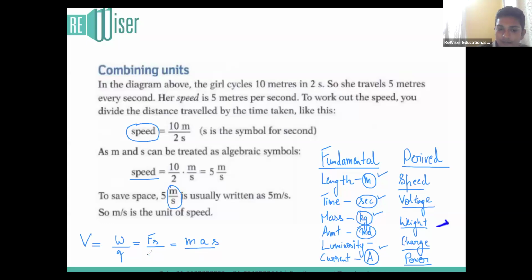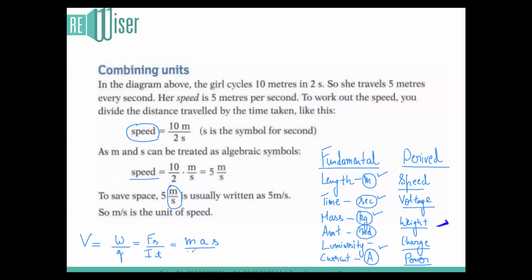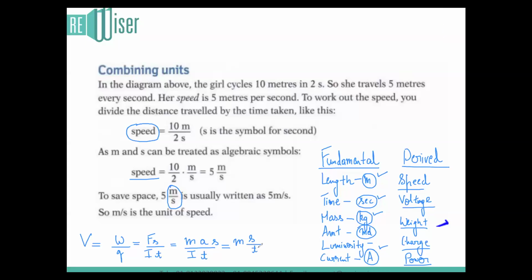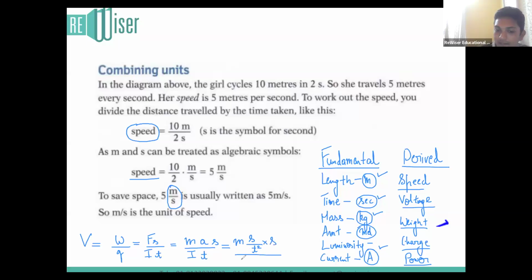I need to write the quantities. Current into time. Or you can further write it as mass, and acceleration is displacement by square of time, into displacement divided by current into time.